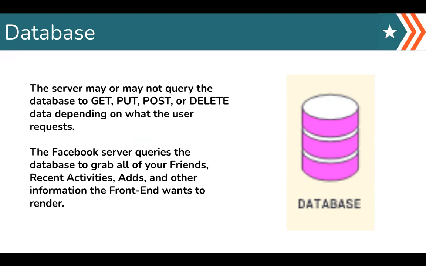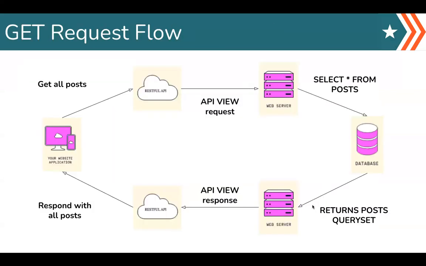Now, the Facebook server will eventually run a query of whatever action it is supposed to do regarding this post, and it's going to update or grab the information within the database. Once that's completed, it gets returned over to the server, then back to the application so that content can get rendered into, I apologize, everyone, your front end framework.